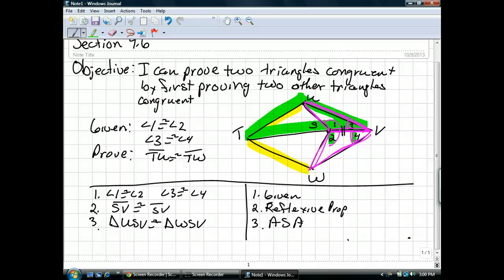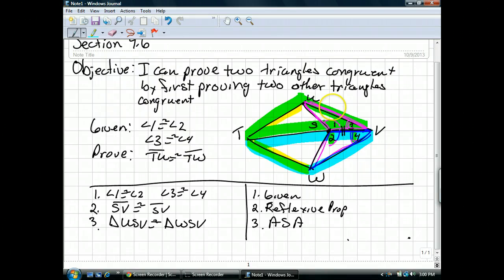Now I can use parts of the two small triangles to prove the big triangle, which would be triangle TUV, and the other triangle would be TWV, to show those are congruent. Okay, so what parts of the small triangle can we use to show that the big triangle are congruent?